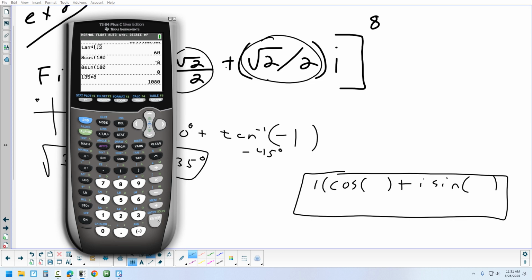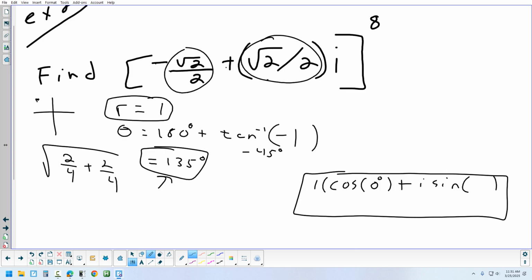So that gives me an angle of 1,080. Okay, that's a big angle. We've got the same issue here as if we had a negative angle. It's not between 0 and 360. So what would we do? Subtract 360. Yep. And this is something you would want to do: subtract 360 as many times as you need to until you get an answer between 0 and 360.